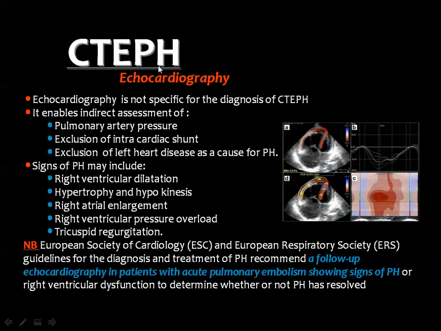The signs seen in patients with CTEPH by echocardiography include right ventricular and right atrial dilatation, right ventricular pressure overload, and tricuspid regurgitation. The recent guidelines provided by the European Society of Cardiology and the European Respiratory Society recommended a follow-up echocardiography in patients with acute pulmonary embolism showing signs of pulmonary arterial hypertension.